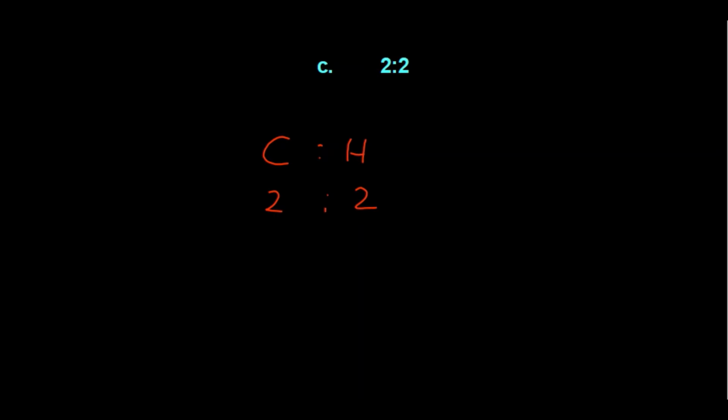Further simplified, 2 ones are 2, 2 ones are 2. So the simplest whole number ratio between carbon and hydrogen is 1:1. So the empirical formula for this compound is CH, in which the ratio between carbon and hydrogen is 1:1. I hope this is clear.